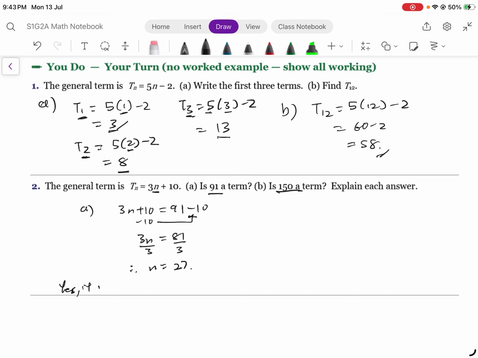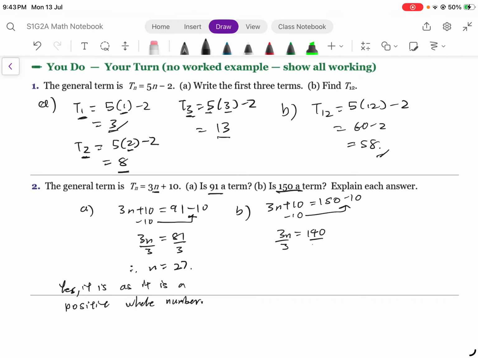It is, as it is a positive whole number. Now is 150 a term? So 3n plus 10 equals 150. Minus 10 minus 10, so 3n equals 140.